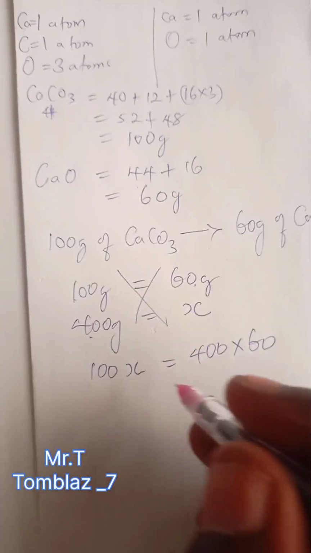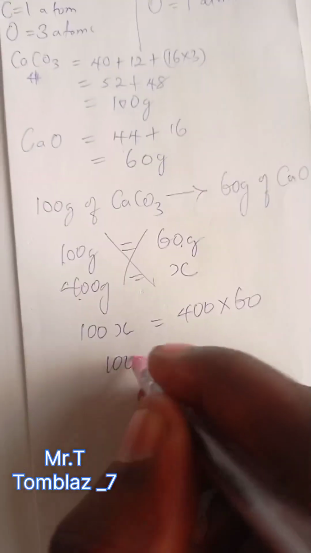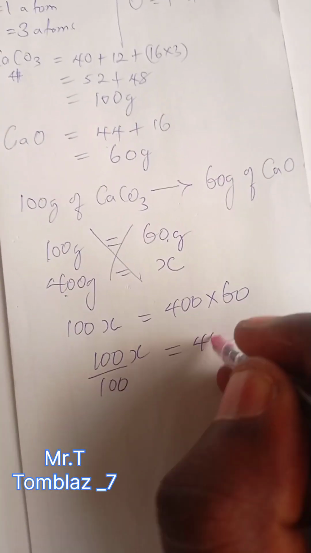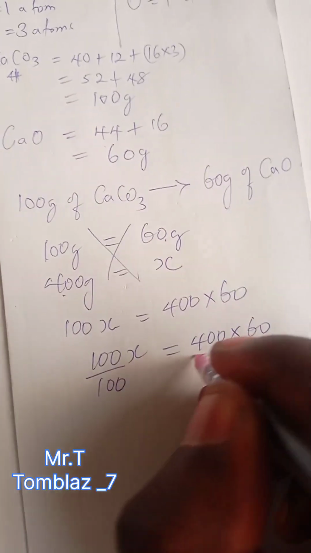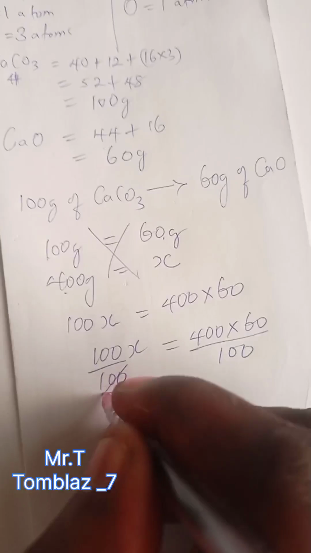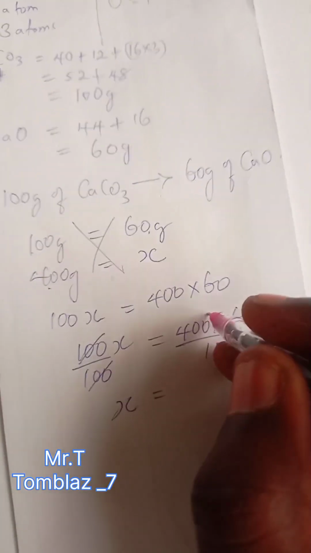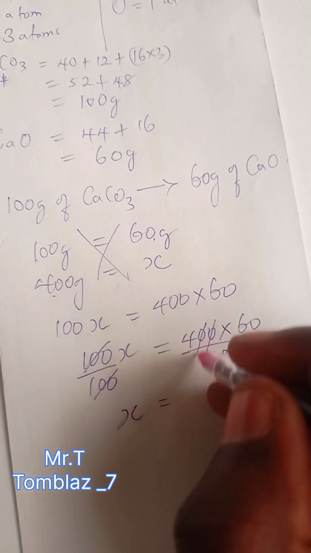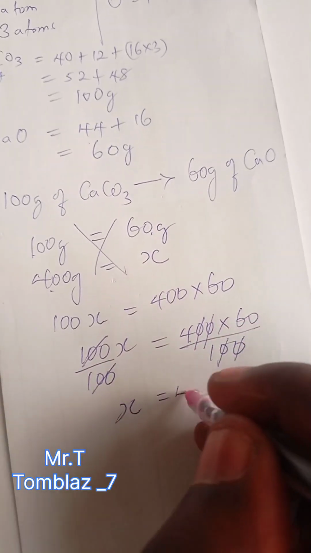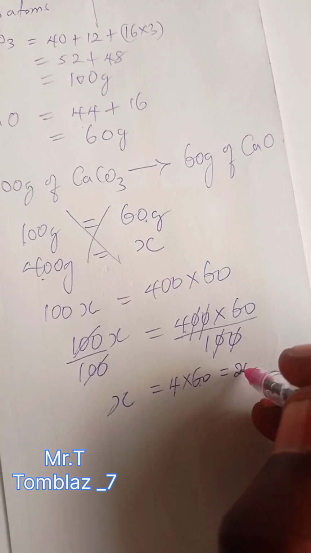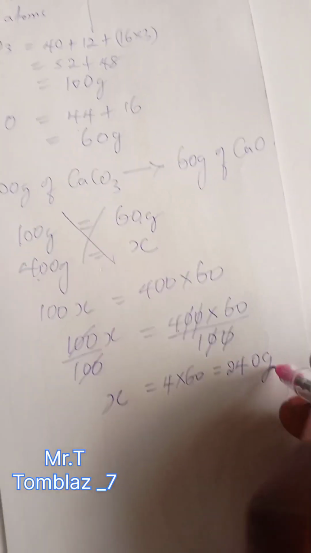Since we are looking for x, we divide both sides by 100. So x will be equal to 400 times 60 divided by 100. This cancels this, and 4 times 60 will be left. 4 times 6 is 24, and then that's 0 gram.